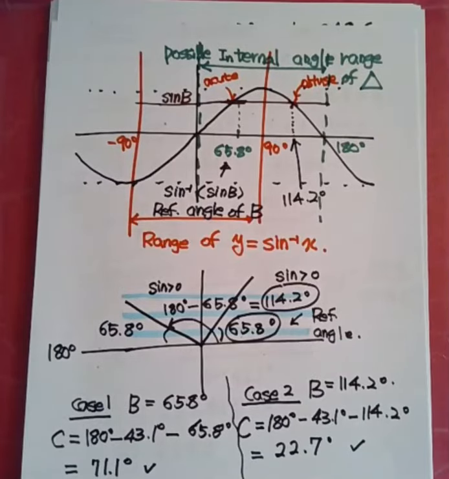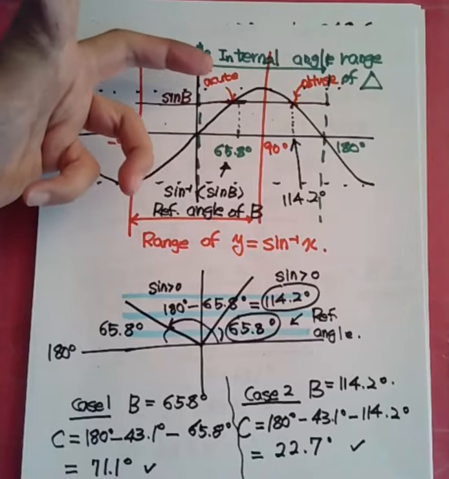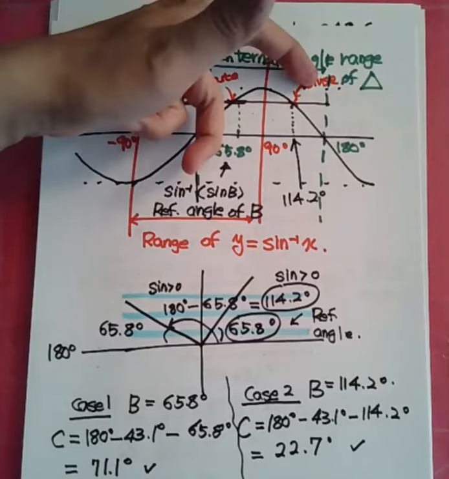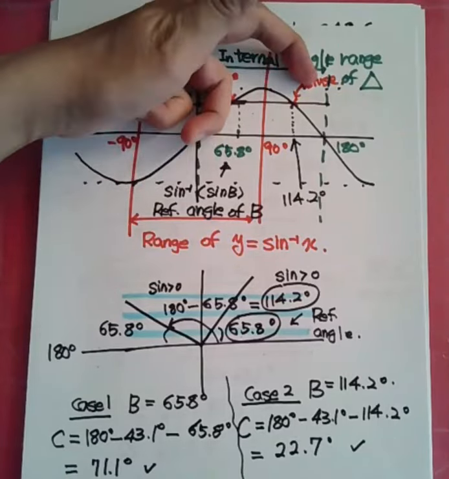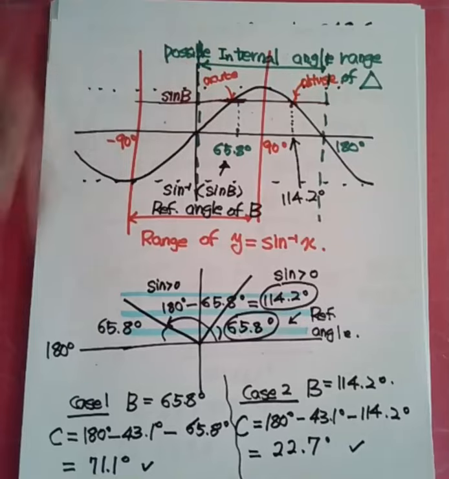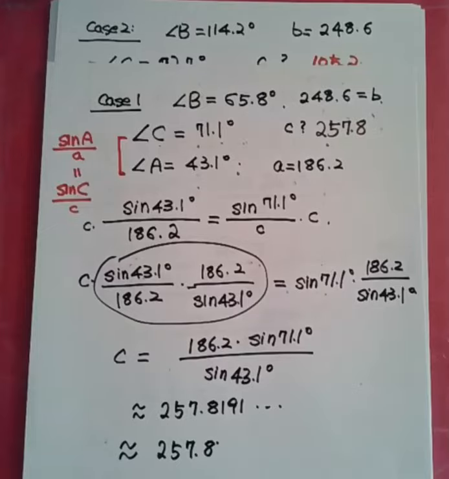And so in this case, it will produce the obtuse triangle. In this case, depending on the value of this angle, it can be an acute or obtuse triangle.